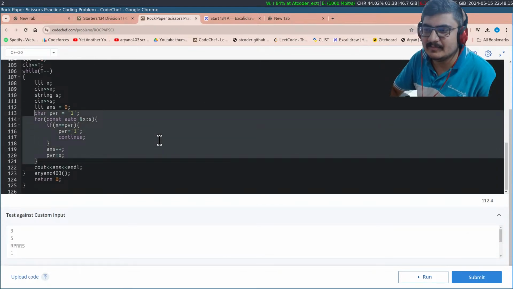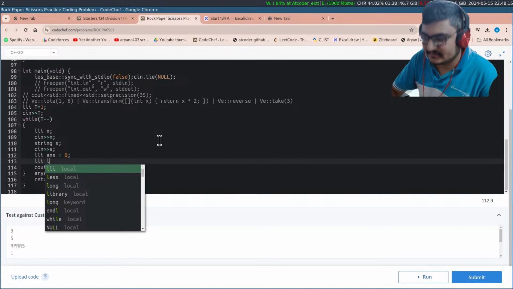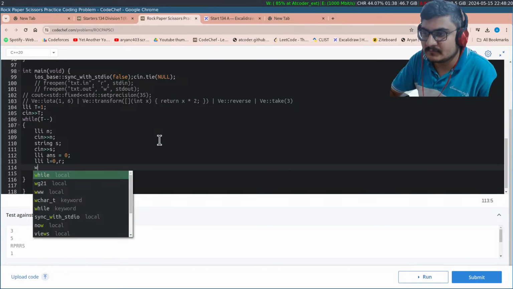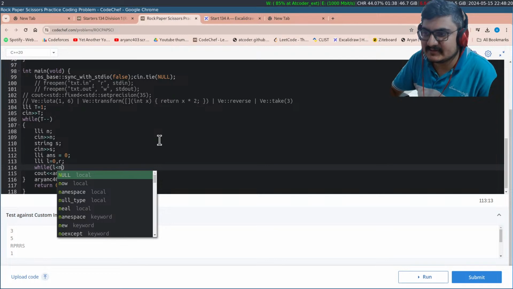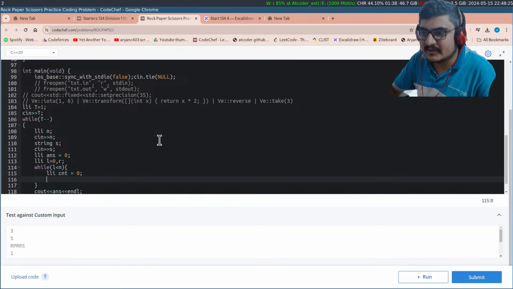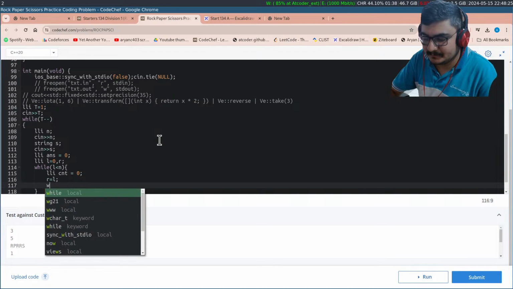We can probably maintain 2 pointers, but technically that's not required. While i is less than n, count the number of characters with the same value.